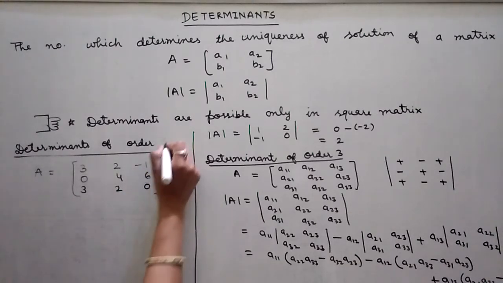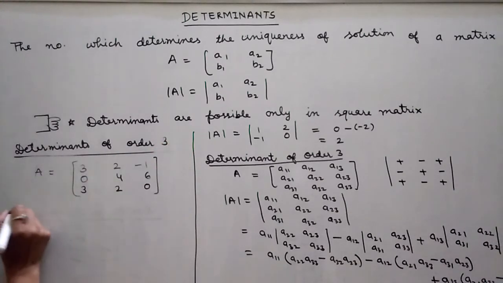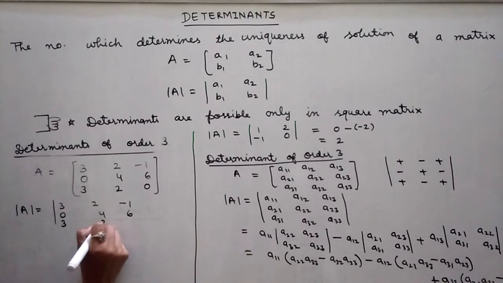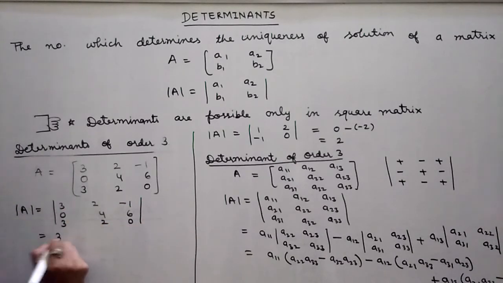How to expand? This is order 3. Take the determinant 3, 2, minus 1, 0, 4, 6, 3, 2 and 0. How to expand? Take 3 as the element. This row and this column are cancelled.